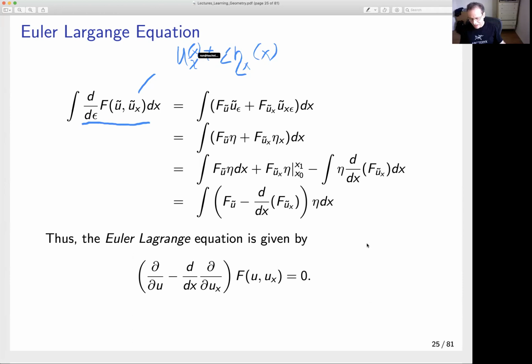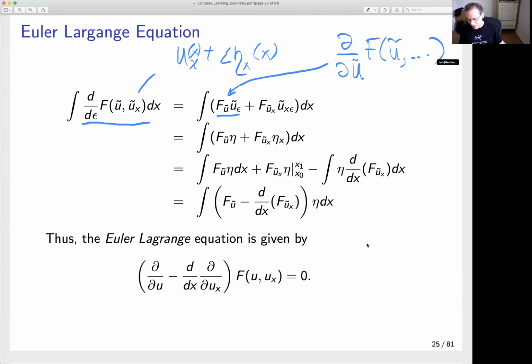So when I'm taking the derivative of f with respect to epsilon, what I have to do here is first of all, if you're familiar with the chain rule, take the partial derivative with respect to u tilde. So what is written here is nothing but a shorthand notation of the partial derivative with respect to u tilde of f of u tilde and whatever.